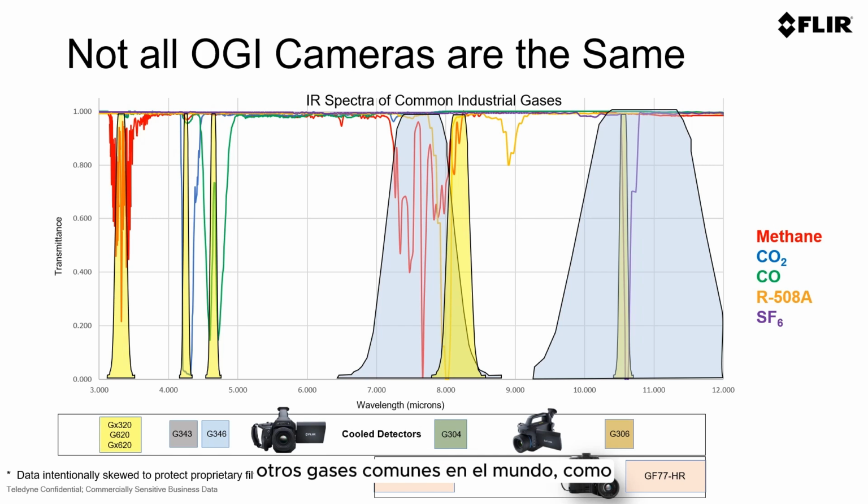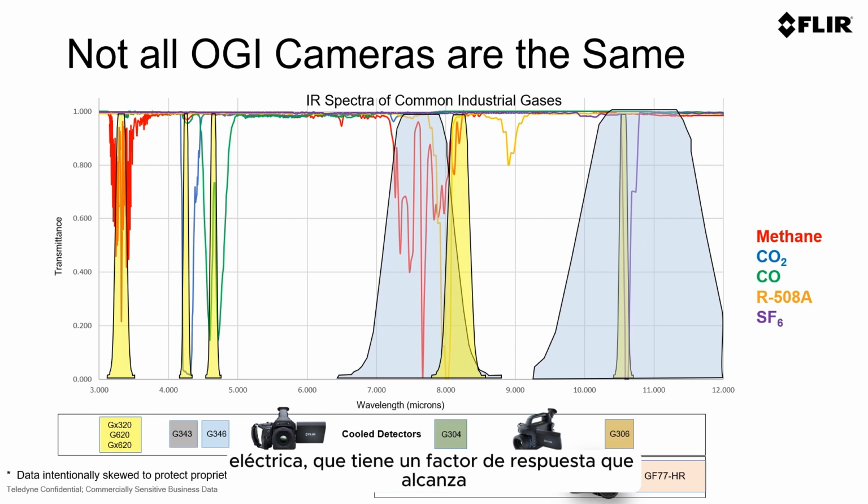Some other common gases, like carbon dioxide, which has a response around 4.3, carbon monoxide, which is around 4.6, and some refrigerant gases, in this case R508A, which is right around 8, which fits into our G304 camera for refrigerants or hydrofluorocarbons from 8 to 8.6 micron. Another very common gas for us is sulfur hexafluoride, which is a common insulating gas in the electrical transmission market and has a response that peaks around 10.6 micron.